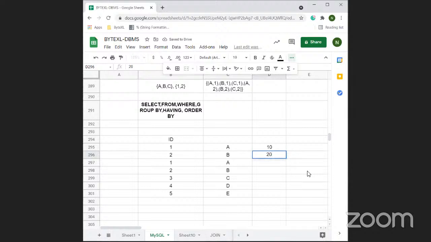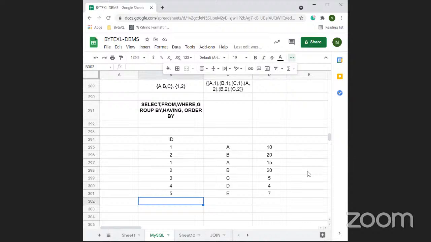B got 20. Again, A got 15. B also got 20. Now we have duplicate values present in our table.